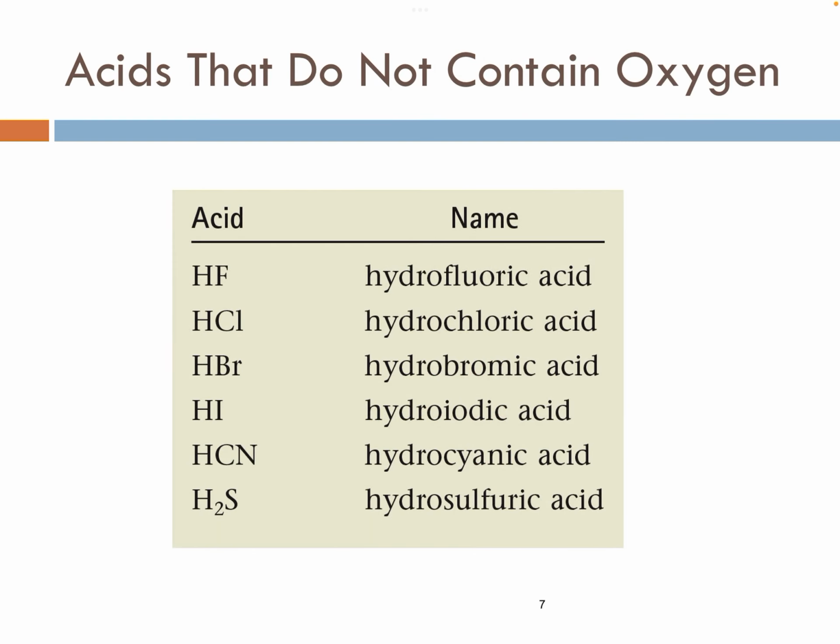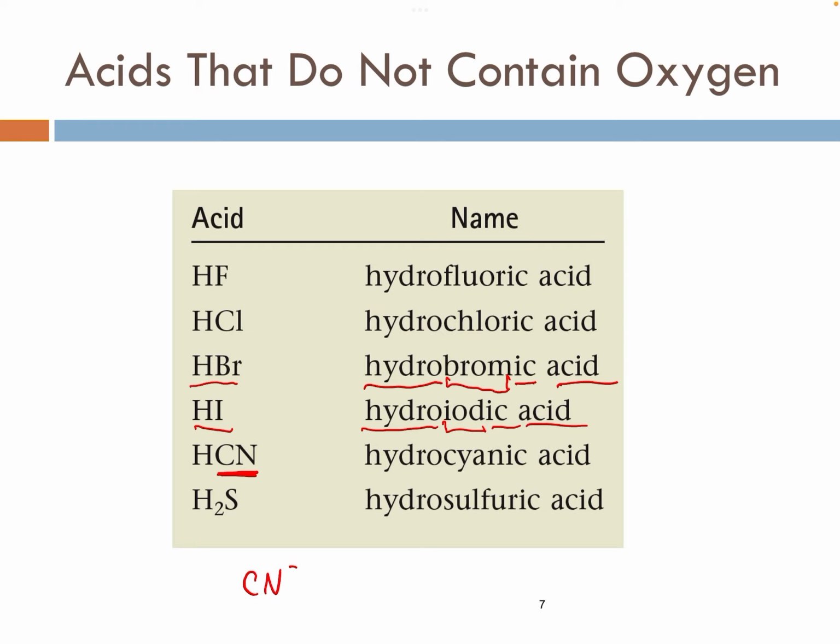Here's a whole bunch of them. HF we said was hydrofluoric acid, HCl is hydrochloric acid, HBr will be hydro, brom, and then ic acid, same pattern. HI is hydro-iod, and then instead of the full word iodine, we cut it off and say hydroiodic acid. This one's fun. This is actually a polyatomic ion sneaking in there.